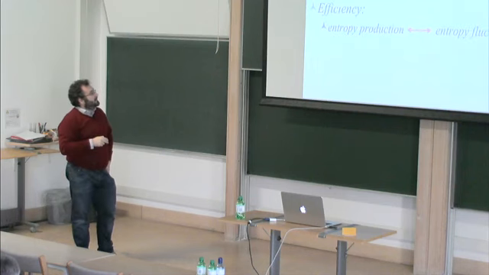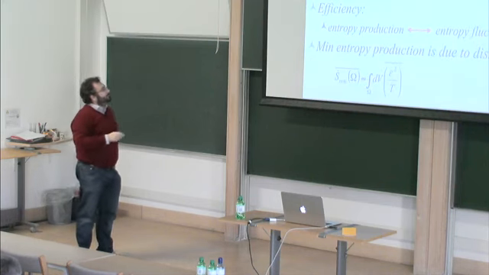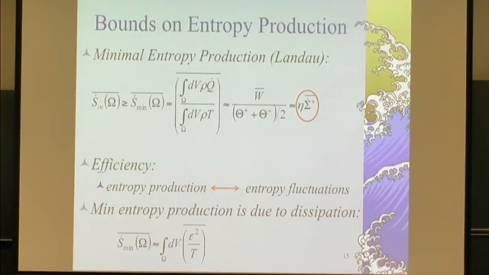That's the first step. Now, if you look at what is the minimum entropy production you can have in a system compatible with the existence of an average dissipation rate epsilon squared, it is just this. Because if you have dissipation of kinetic energy, there is no way you're not going to have this entropy production.